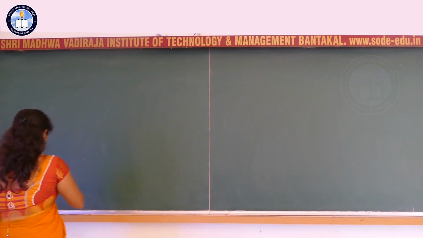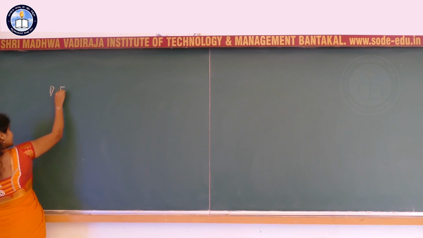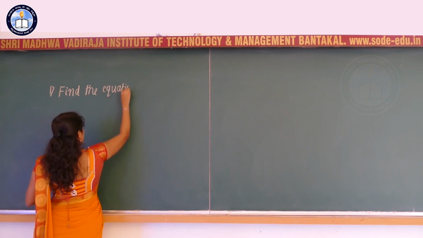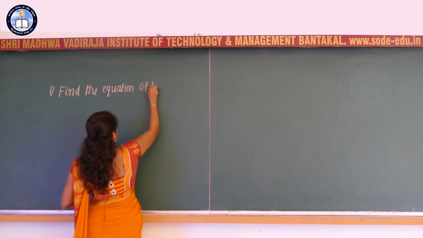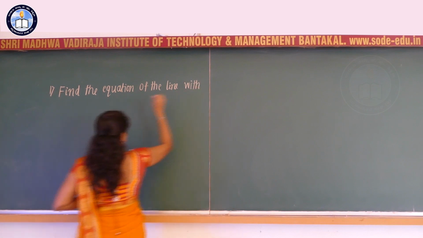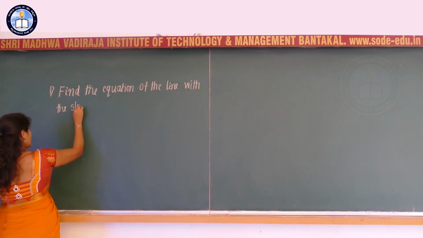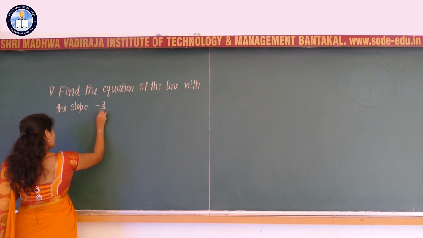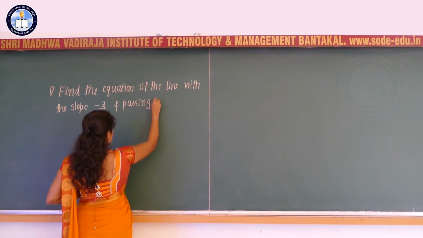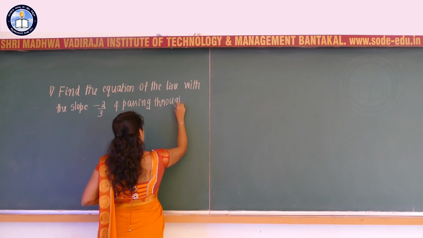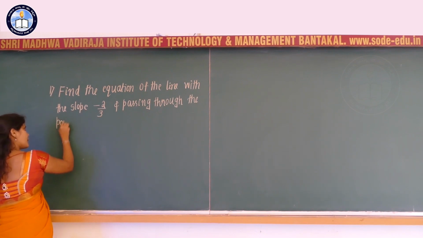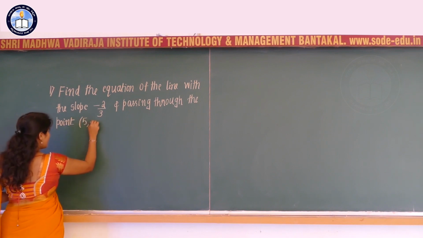Let me consider the next question: find the equation of the line with the slope minus 2 divided by 3 and passing through the point (5, -2).